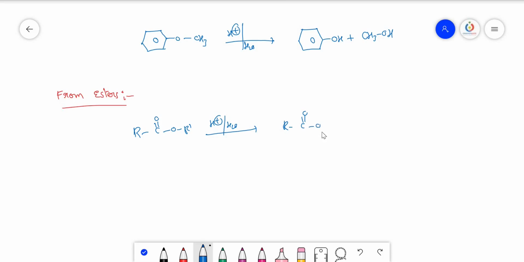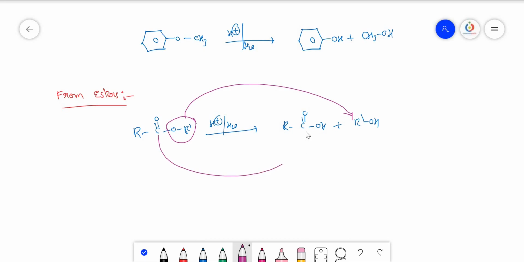So one part becomes the carboxylic acid, the other part becomes the alcohol. Which part becomes the alcohol? The carbon that is connected to the oxygen becomes the alcohol, and the C double bond O group part becomes the carboxylic acid. Okay.